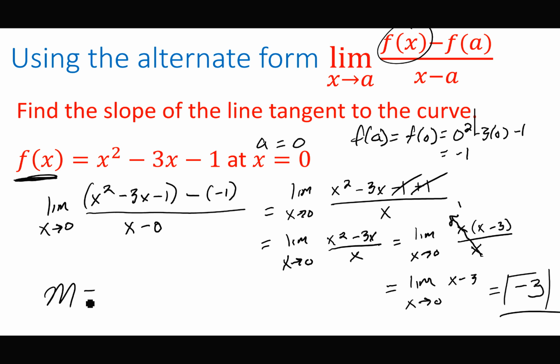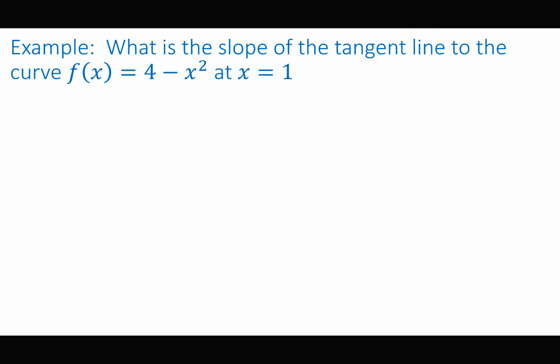The slope is -3. So that's using this form. And you're going to do a couple where they're going to ask you to use this form. Doesn't matter, you'll get the same answer, but sometimes one form is easier than the other. Okay, so I wanted to expose you to both. Depending on the problem, sometimes one form is better than the other one. And just by trying it, you'll start to see.